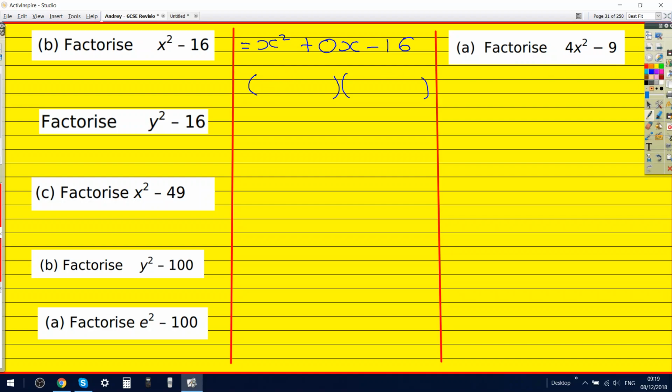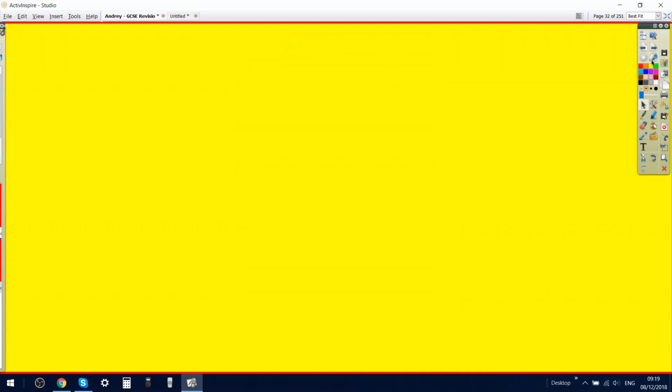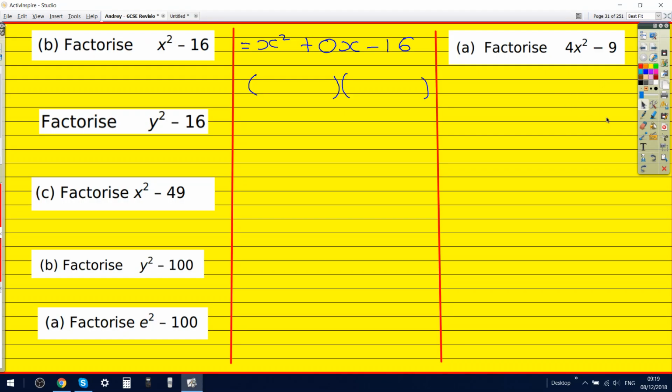So could you do minus 4 and 4? Yeah. And what else? So x minus 4 and x plus 4. Yeah, and that gives you x squared plus 4x minus 4x, so they cancel each other out, and minus 16.